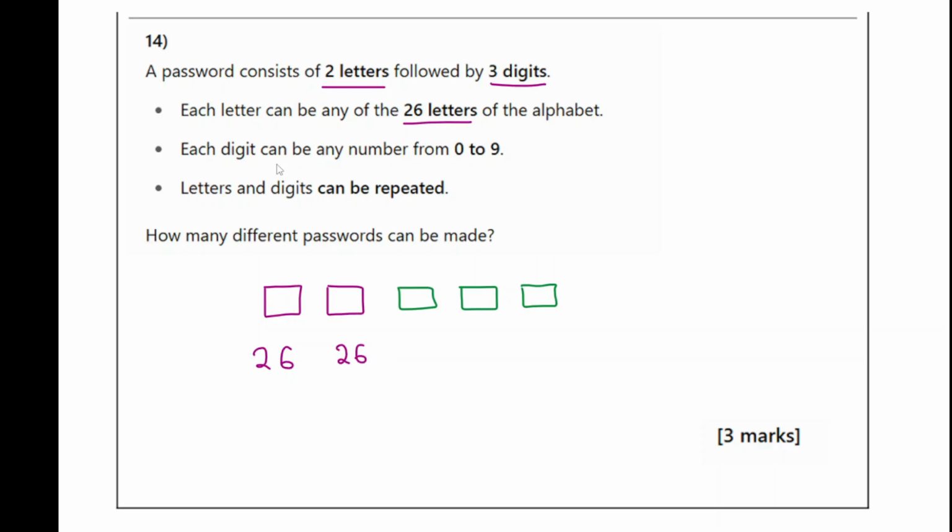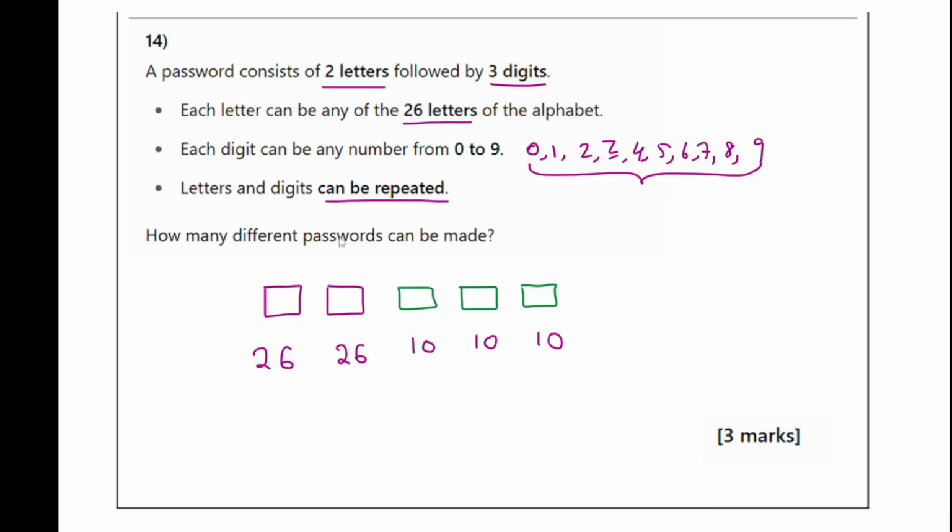Each digit can be any number from 0 to 9. So 0, 1, 2, 3, 4, 5, 6, 7, 8, and 9. So that's 10 options. 1 to 9 and 0. So I have 10 options here, 10 options here, 10 options here. Letters and digits can be repeated. Now that's why I have this.